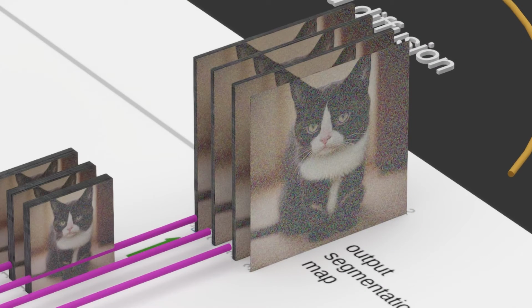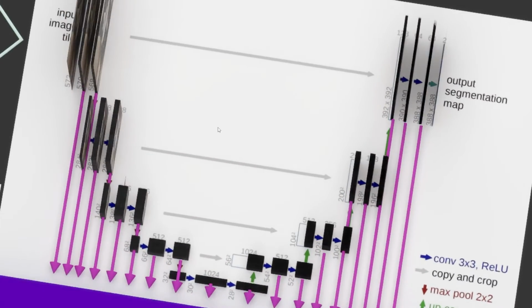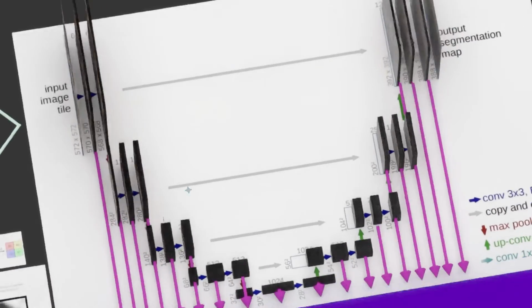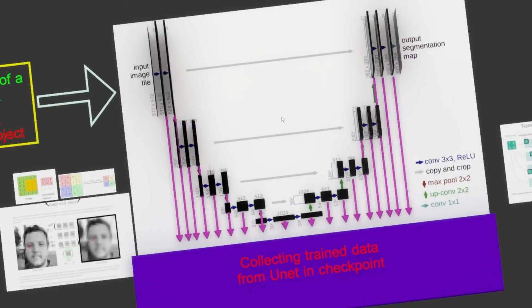So finally, the output of the Unet will be full of noise, but we have a lot of useful information from this image.